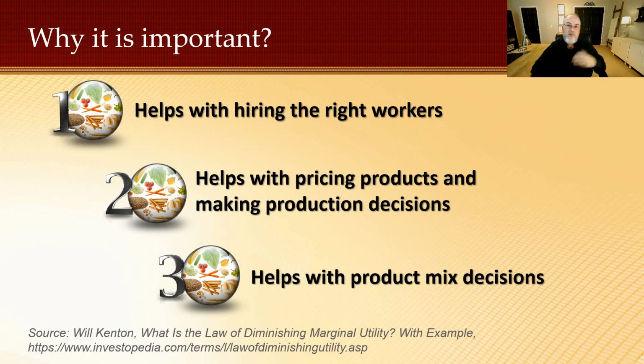But their utility for French fries or salads or desserts may still be untapped. So if I can plan to offer them things that have not had that diminishing utility, salads, fries, desserts, then even though they've used up their utility in one area, I can get more sales from them in another and increase my revenue and possibly my profit. All because I know about the law of diminishing utility.